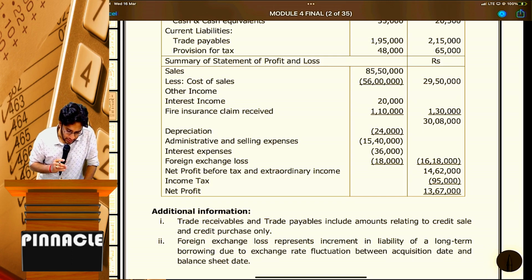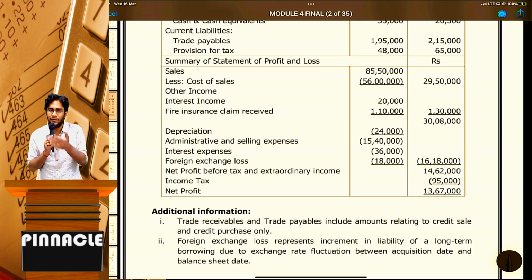Next. Interest income. Nice. Fire insurance claim received 1,10,000. Now you see, interest income is definitely investing activity. You will not show it under cash flow from operating anyway. But fire insurance claim is there, no? Tell me, sir, receiving money from an insurance company because of fire, is it my principal revenue generating activity? No. This is definitely not investing also.